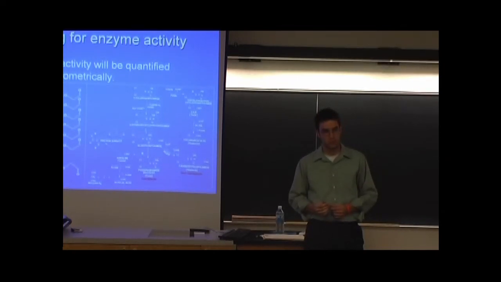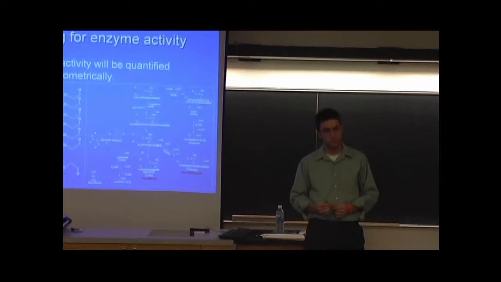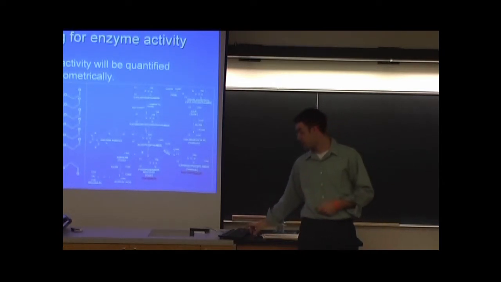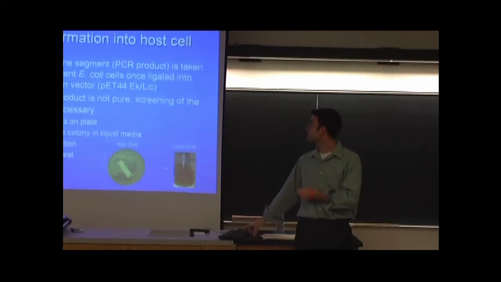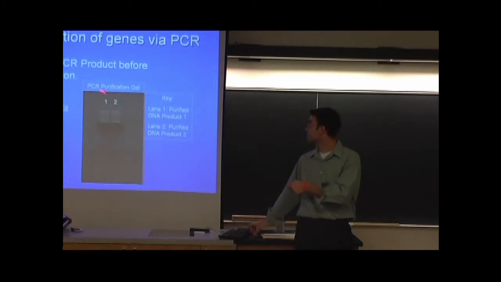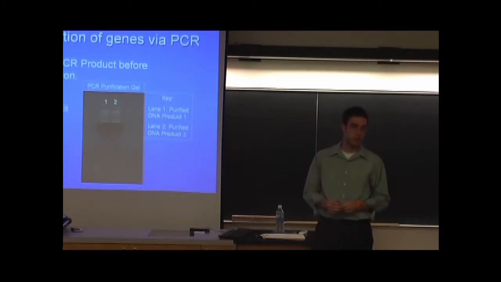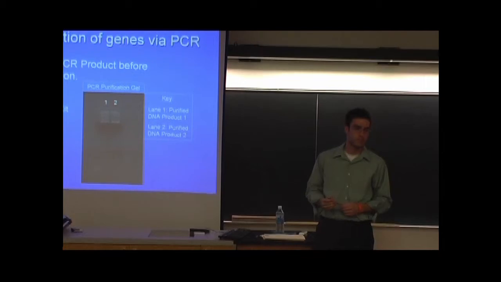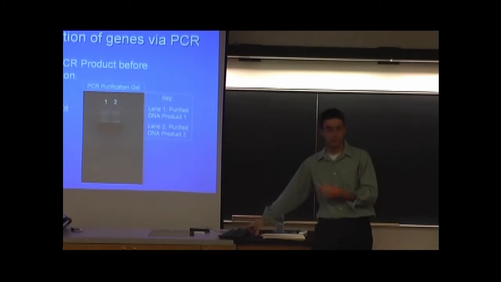How would you prove that the DNA that was sent to you was the DNA you wanted? I mean, you can do that with PCR. If you looked at a reaction, it didn't show to be very pure. It's got other bands in there. But how would you prove that the plasmid DNA that was sent to you was what you expected it to be? You could sequence the DNA, I suppose.